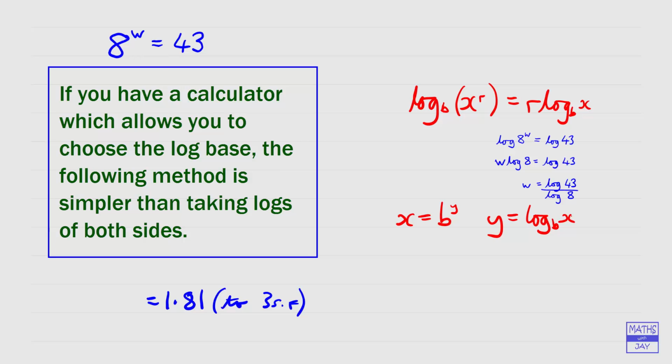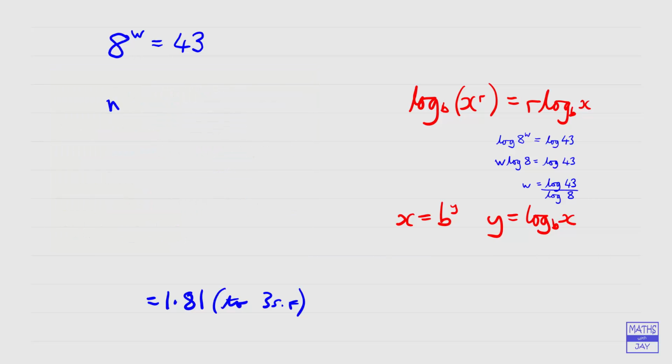You'll remember that logarithms are simply powers or indices. So in the question that we're looking at here, we know that w is going to be equal to the log that we want. So we're simply going to write that w is equal to log to base 8 of 43.